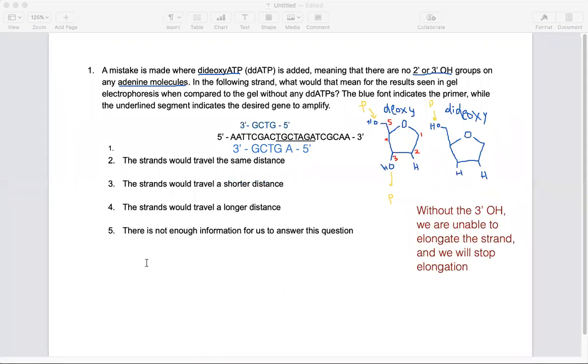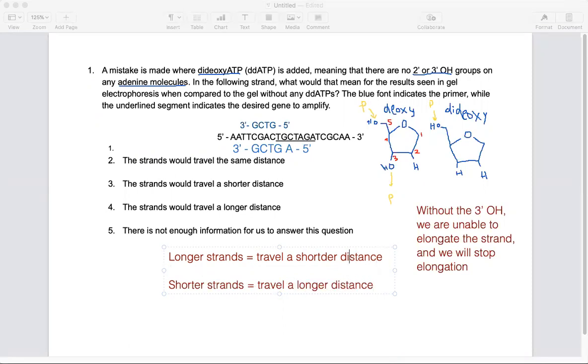And so for the gels, remember that in the gels, we have different scenarios based on what happens, right? And so we know that longer strands will travel a shorter distance. We know that shorter strands will travel a longer distance.